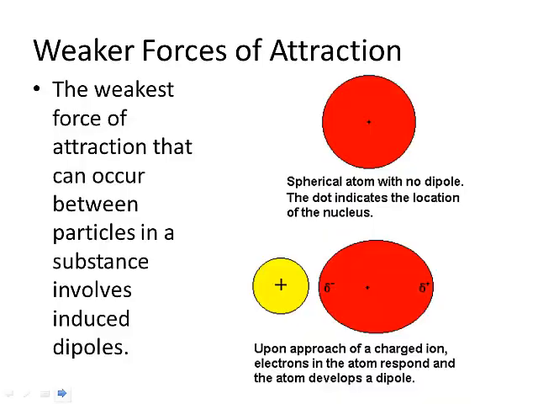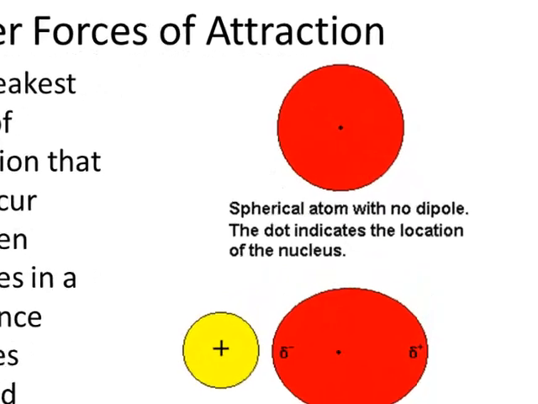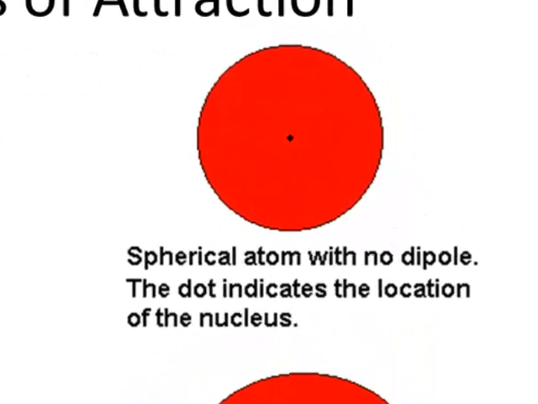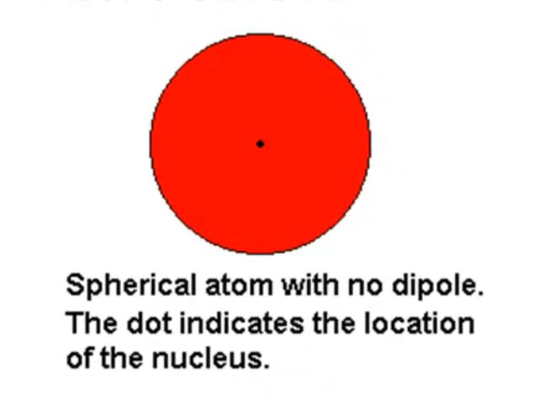Now, the weakest force of attraction that can occur between particles in a substance involves something known as induced dipoles. Substances that don't normally have a dipole, such as this spherical atom shown at the upper right. The dot indicates the location of the nucleus, and you can see that the electron cloud is symmetrically spaced around that nucleus.